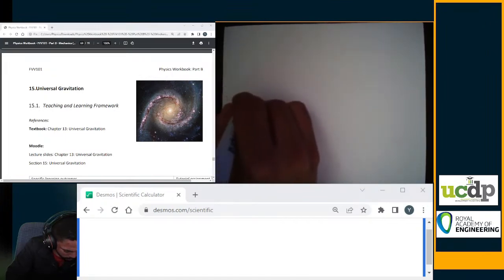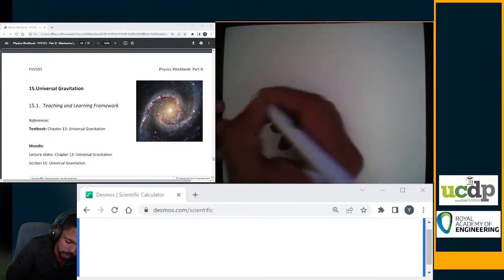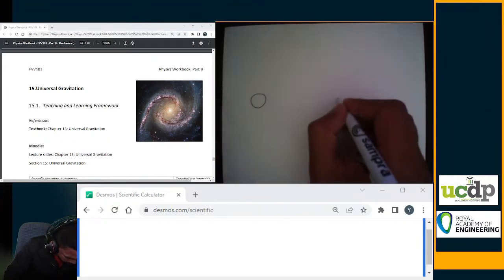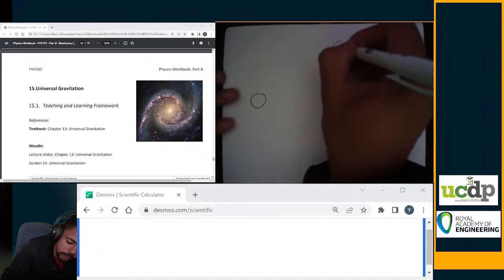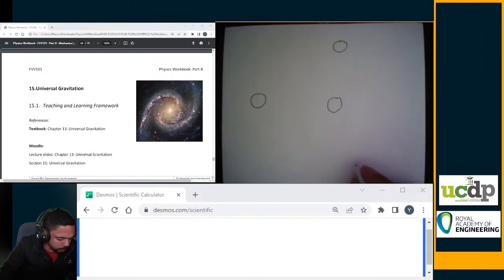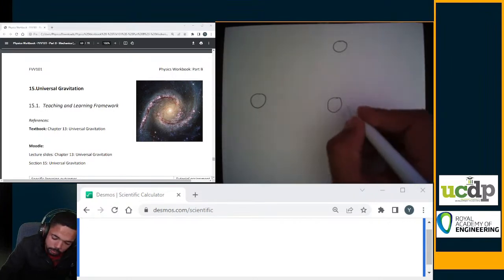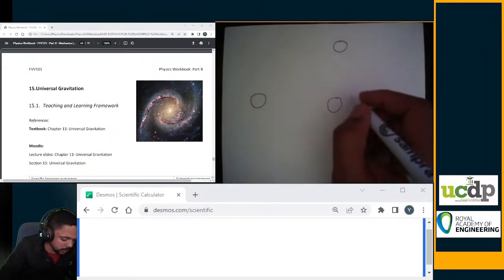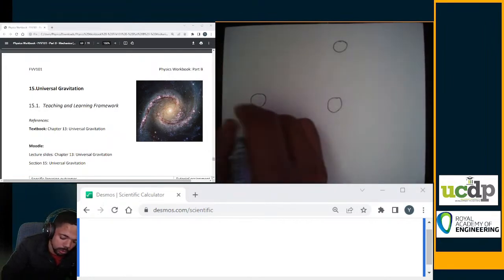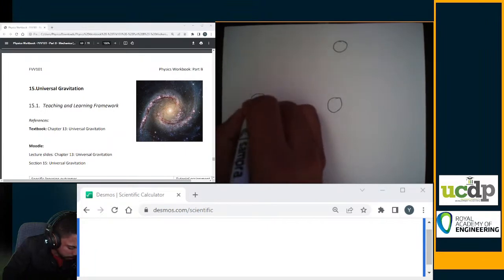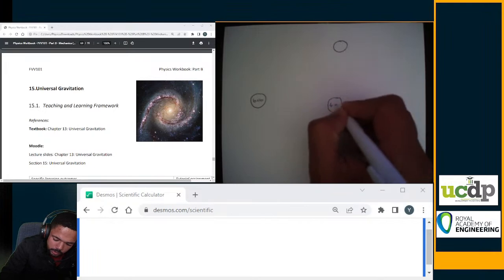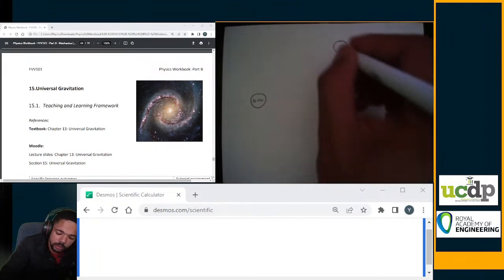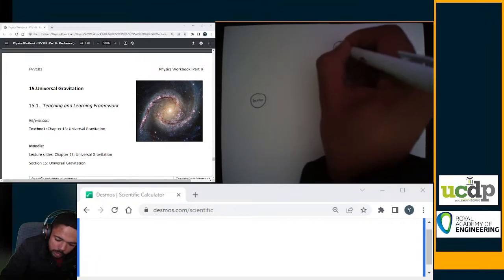So here we have a mass, here we have another mass, and then here we would have another mass. All of these masses, since they have mass, exert a force on each other. This mass has a mass of 6 kilograms, this one 4 kilograms, the units of these masses are in kilograms, and this one 2 kilograms.